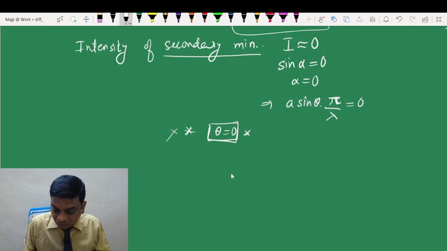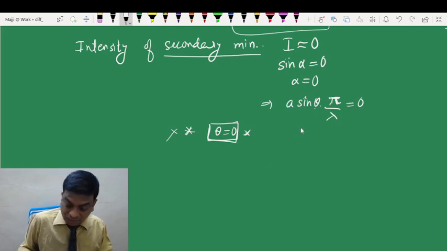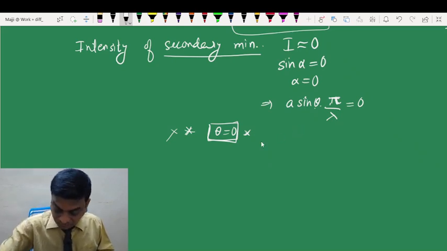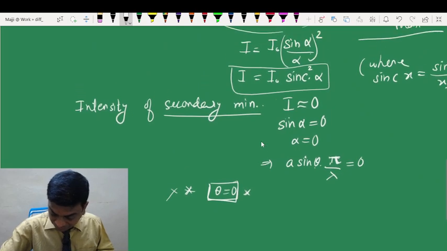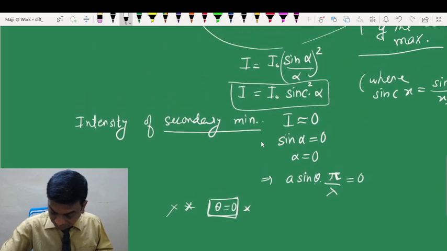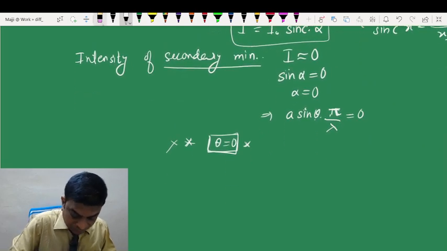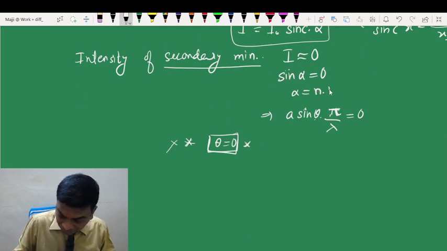If this is 0, that means alpha must be an integral multiple of pi other than 0. We should not take 0. So this should be an integral multiple of pi.